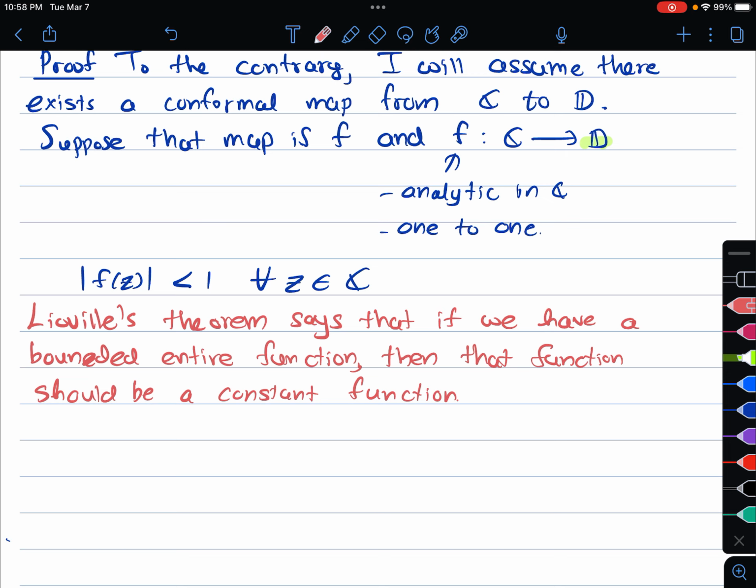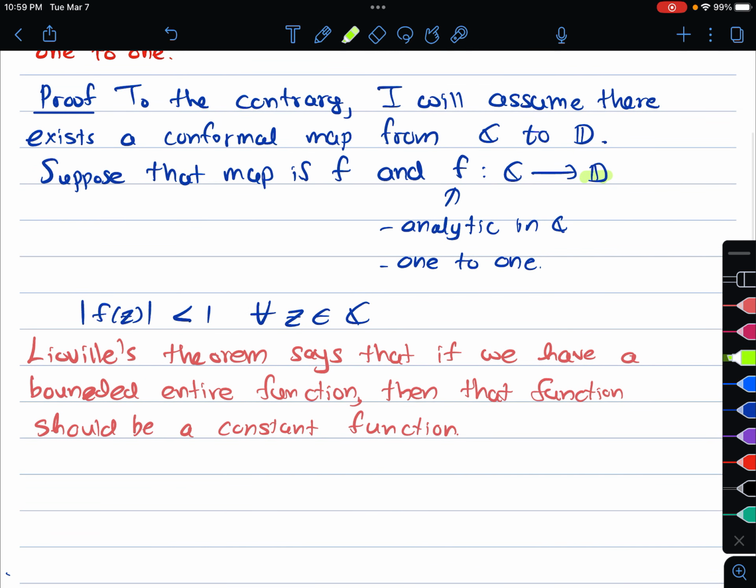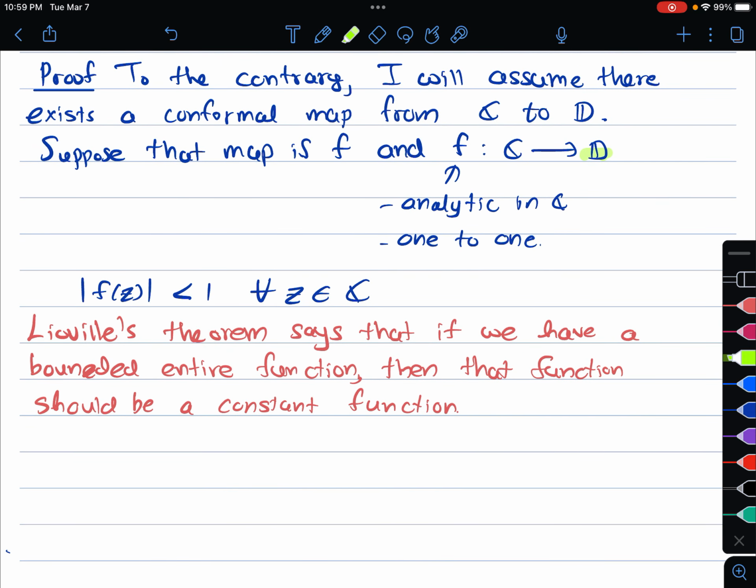Now, in this case, our function f satisfies the conditions of Liouville's theorem because it is defined in the whole complex plane. Therefore, it is entire, and also it is bounded because whatever value we input, our image is contained in the unit disk.